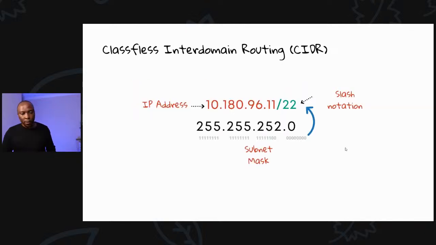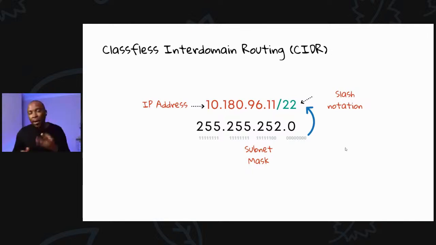All right, so let us look at CIDR and the slash notation and what that basically means. In our instance, we've got an IP address 10.180.96.11, and that's a /22, which is, we're no longer dealing with /8, /16, /24. We're now using a variable length subnet mask, meaning that the length of our subnet can now float to any number other than the 3 classful boundaries.